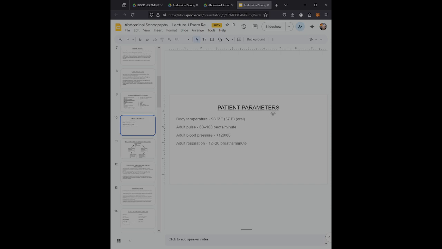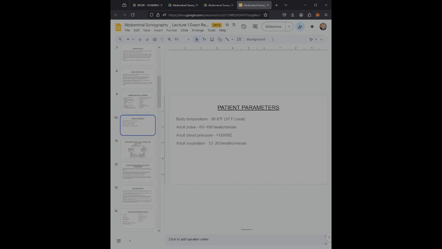So there are certain normal patient parameters. A patient's body temperature should be around 37 degrees Celsius, measured orally with an oral thermometer placed on the tongue. The pulse of an adult should be about 60 to 100 beats per minute. Adult blood pressure should ideally be less than 120 systolic and 80 diastolic.